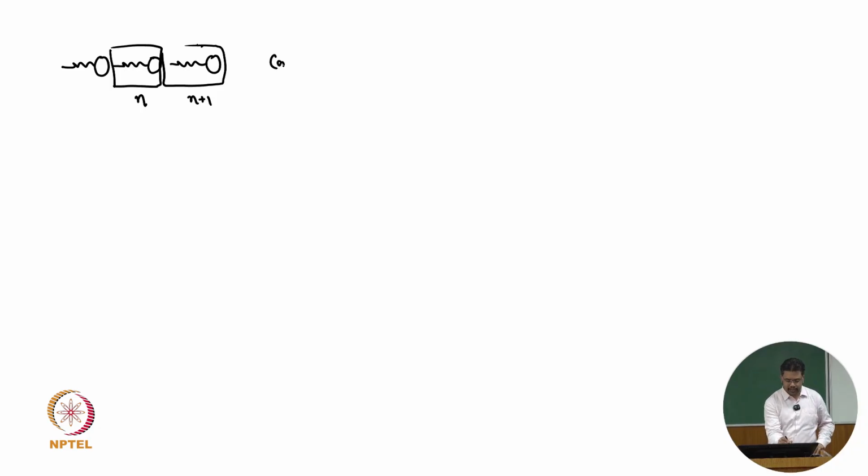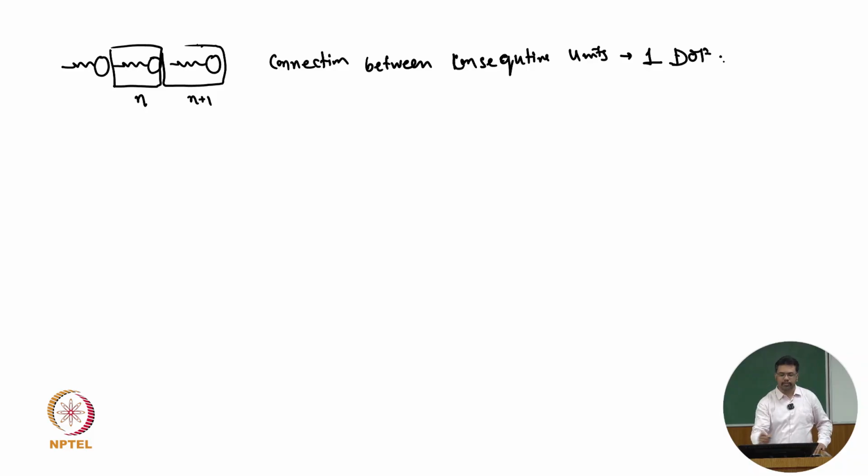So the connection between consecutive units is 1 DOF. A single DOF is maintaining the connection, so we can call it a monocoupled system. Here the two unit cells are coupled using a single degree of freedom. That's a basic monocouple system.